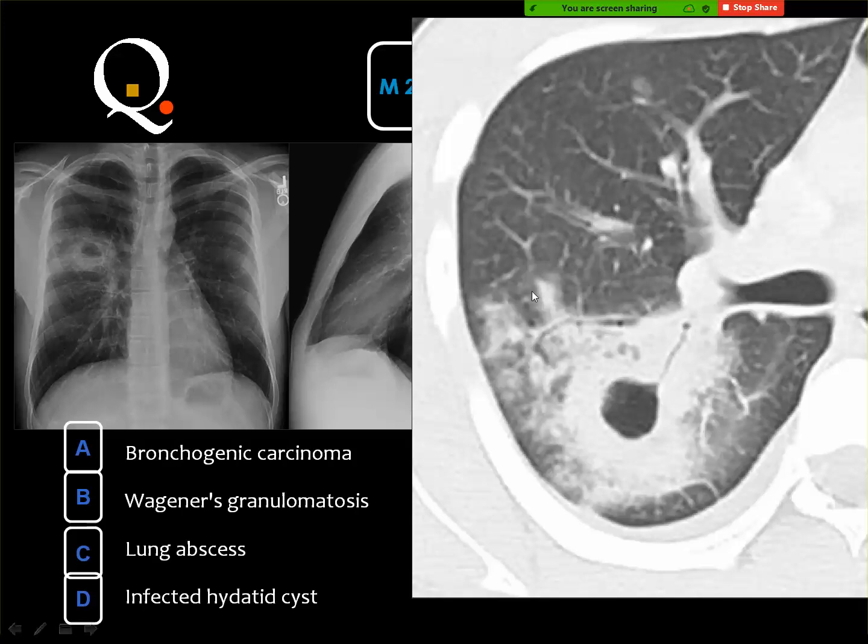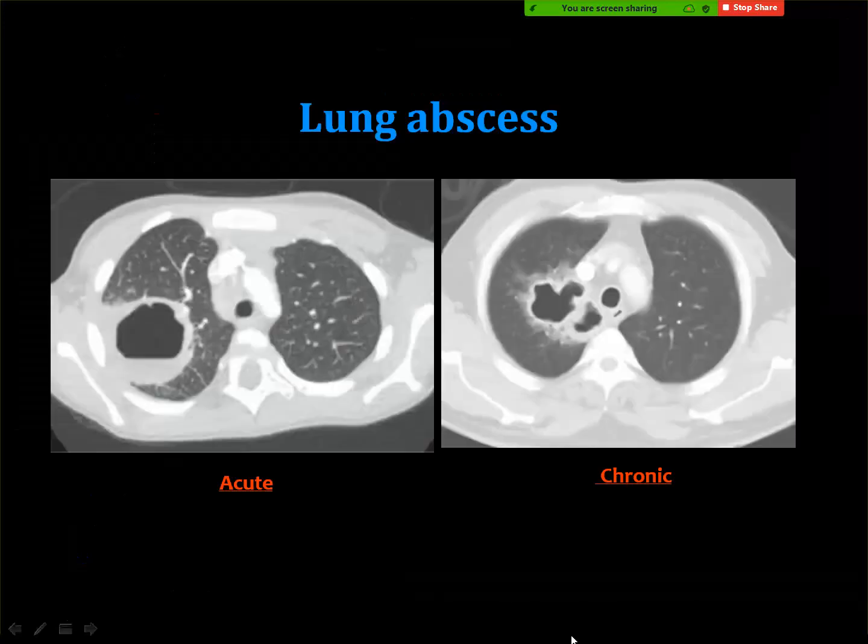You got pneumonic consolidation around the abscess, representing inflammatory changes. It's very important to discriminate between abscess and cavitating bronchogenic carcinoma. The abscess has two phases, the acute one with an air fluid level inside, and the chronic one with no air fluid level inside and the smooth inner margin.